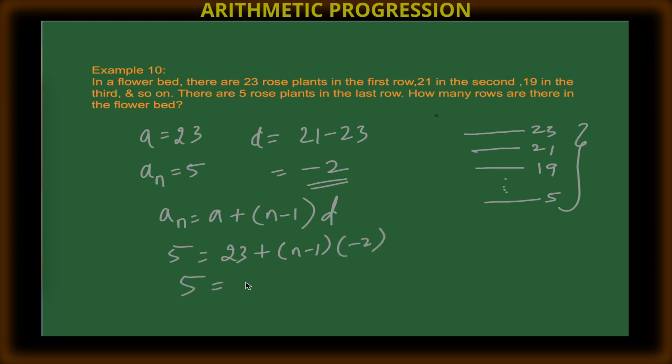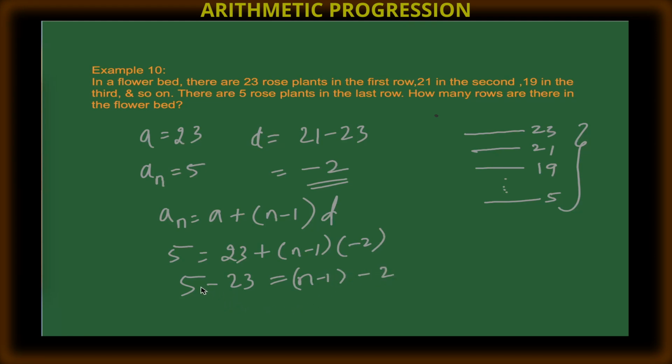5 is equal to 23 plus n minus 1 into minus 2. So let's take this 23 to the other side. 5 minus 23 is equal to n minus 1 into minus 2.